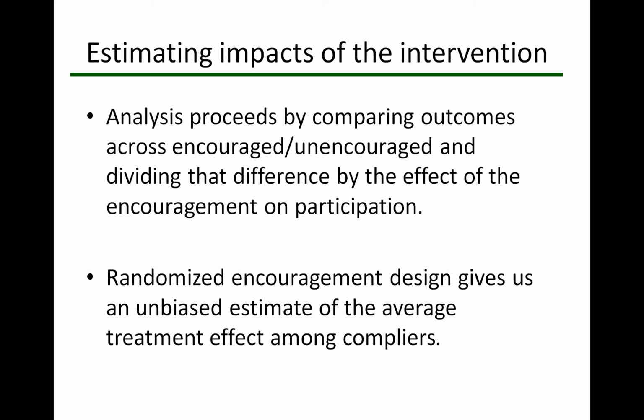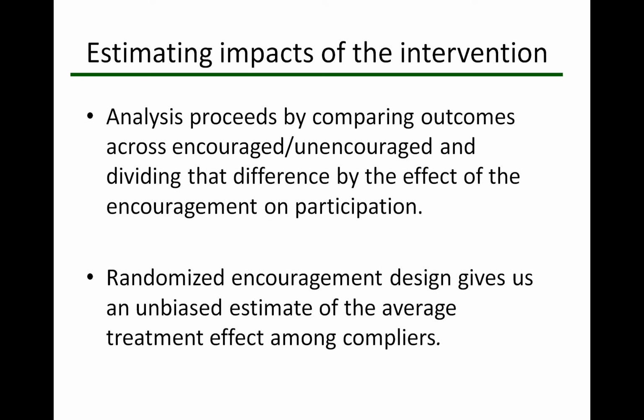We're relatively confident that we're getting a pretty good measure of what we're ultimately interested in, which is the effect of this program on participants, but it's an important clarification to make that really the only people we can say something about are the people who we actually impacted in terms of moving them into the program with the help of our encouragement. One other thing, I hesitate to call it a limitation, but certainly a consideration.